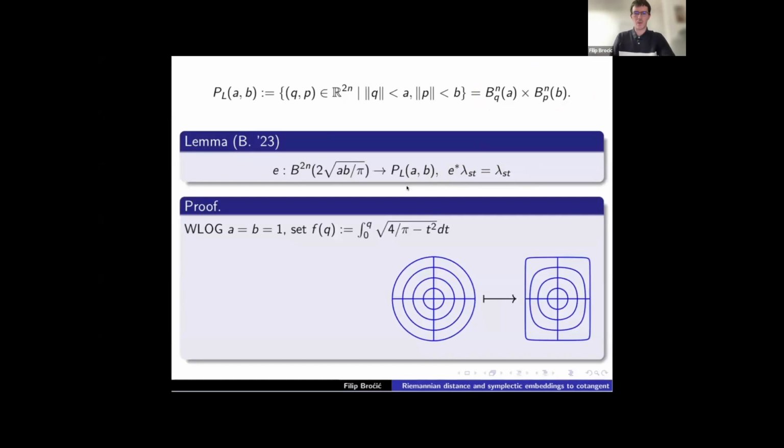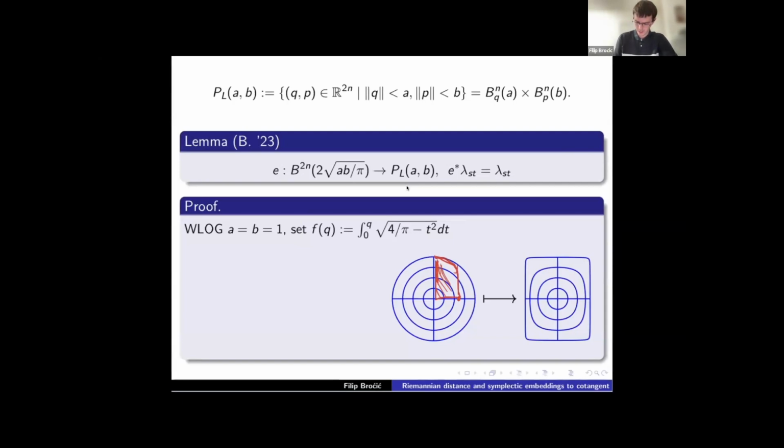Okay, and now a bit about the proof. Without loss of generality, let's set A and B equal to 1. Now I want to fix a function, which is just the integral from 0 to q of the square root of 4 over pi minus t squared. Essentially, this function is giving us at point q the area of this part of the circle.